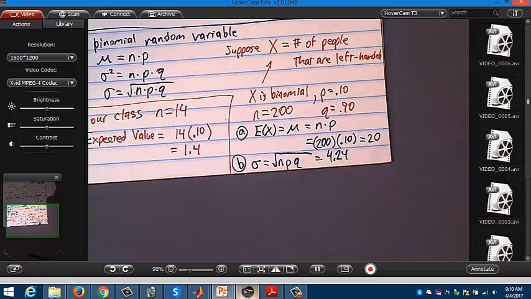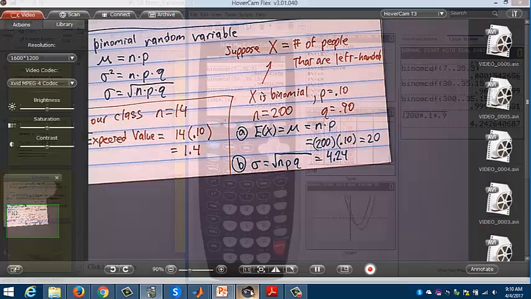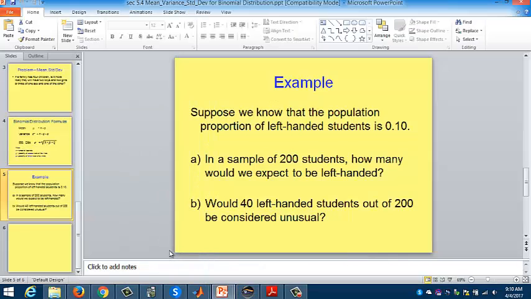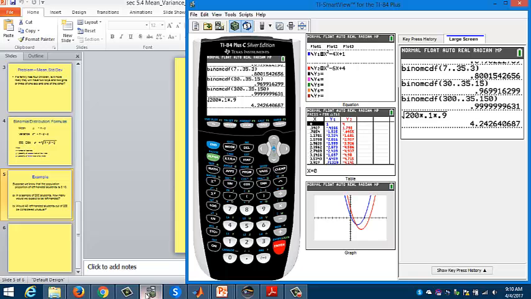Well, the question that was asked said, right here, hey, if you had 40, would that be unusual? Well, here's how I would do this problem. I'd go back to my calculator, and I'd say, what was the mean again? We already computed it. 20, right? So if I do 20, and if I added some to that, how much? 2 times, well, 2 of these standard deviations.